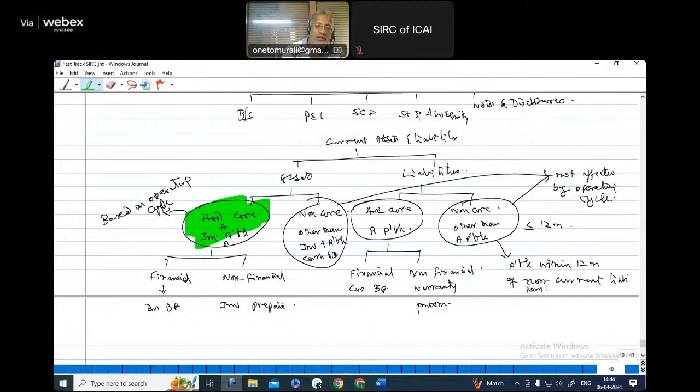I will put it this way: these hardcore items are affected by operating cycle. This non-core item is not affected by operating cycle; all items of less than or equal to 12 months will come into operation.